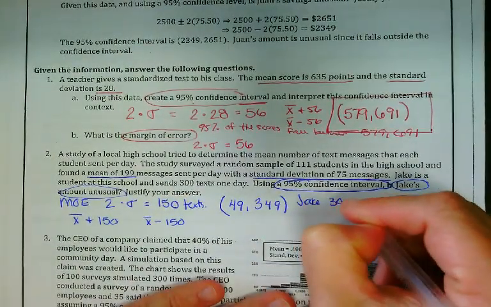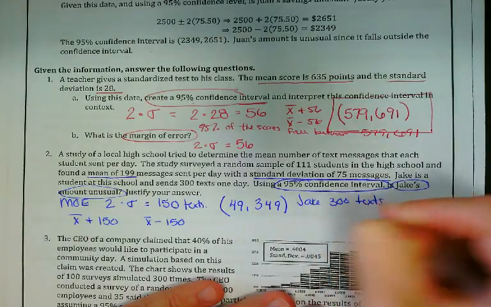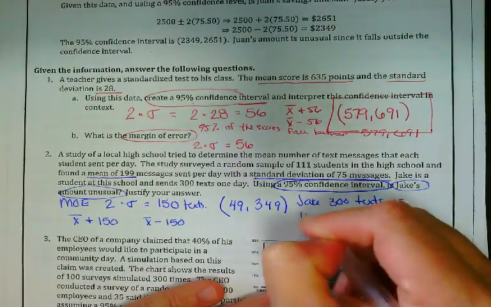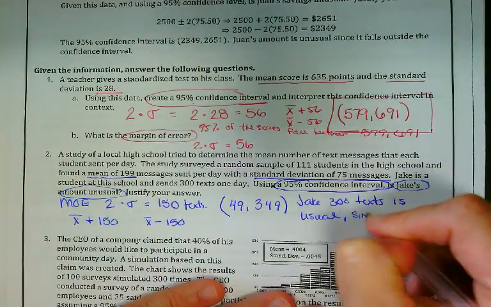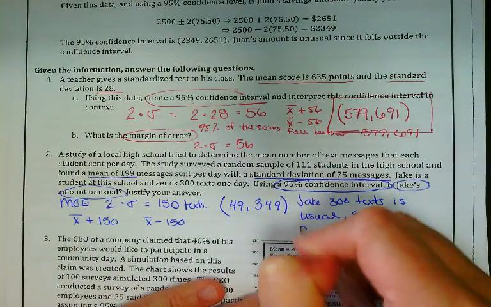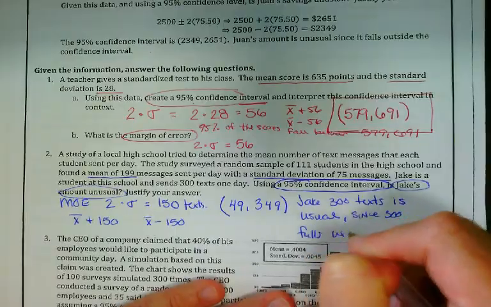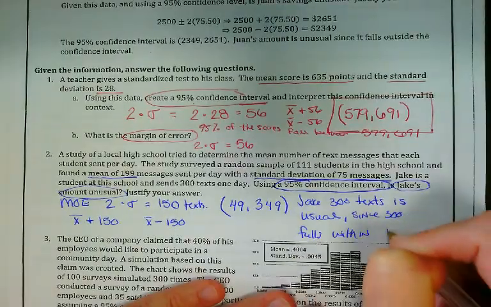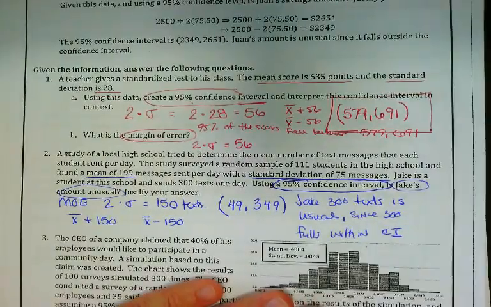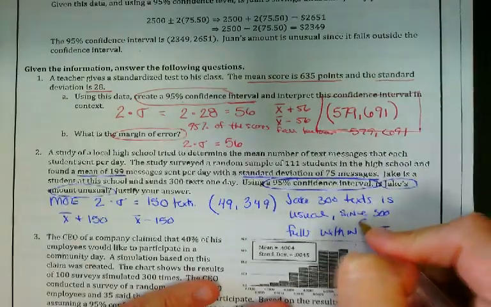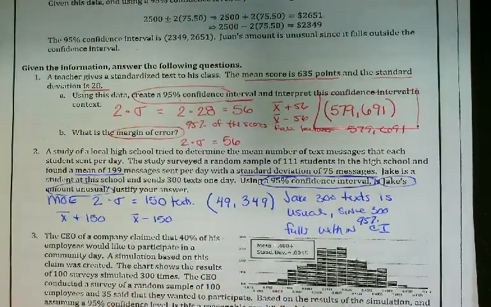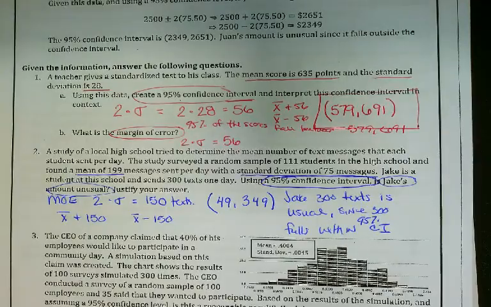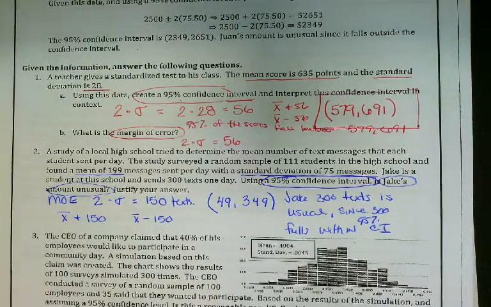Jake's 300 texts is usual, since 300 falls within the confidence interval. You could also probably say the 95% confidence interval. Do we have to spell out confidence? You can abbreviate, that's totally fine.